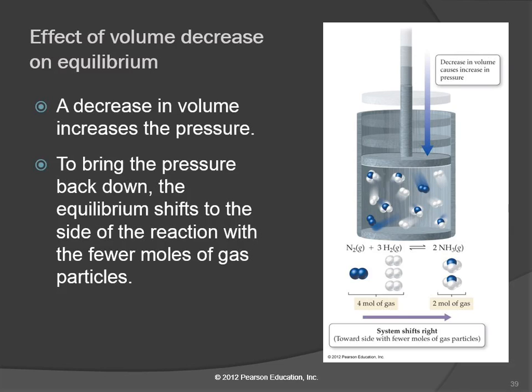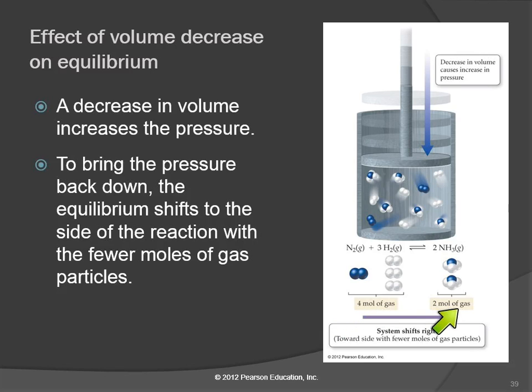So what we're going to do here is decrease the volume. We're going to push the piston down, make this smaller. What does that do to the pressure inside? Increases the pressure. Equilibrium wants to fight against that. Oh, you increase the pressure on me? Well, I'll show you. I'll react to decrease the pressure.